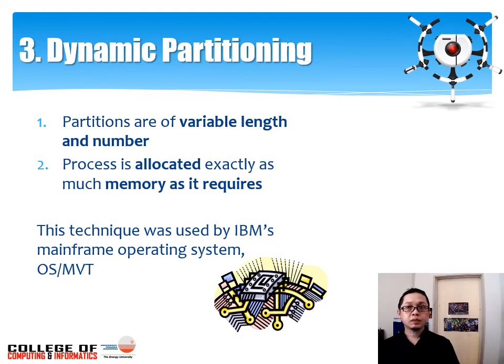And then the second process perhaps needs 8, then the created partition will have 8 blocks of memory to use. This continues according to the needs of the processes. Is it an optimal solution for memory management? What do you think?